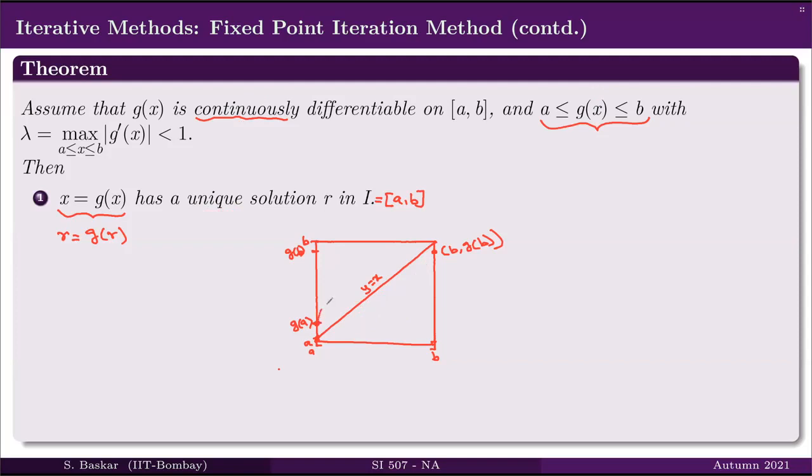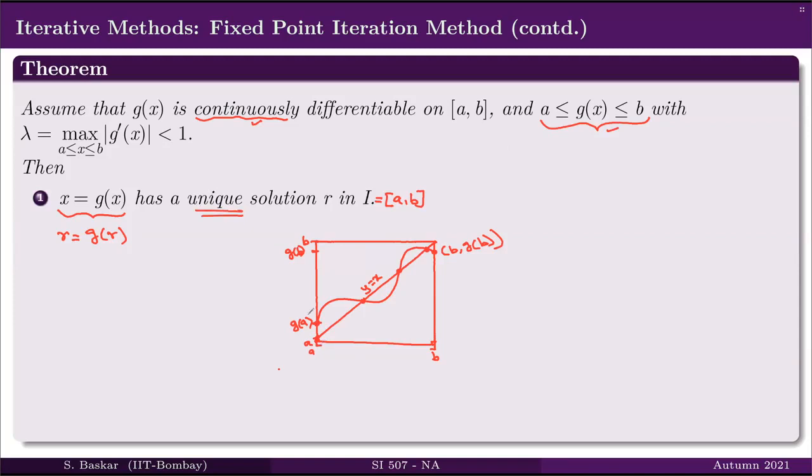Say for instance, the graph may be going like this, right? In which case you may have more than one fixed point of the function G. One is at this point, and this point. So you have 3 points here in this case. So just continuity and self map cannot guarantee uniqueness.